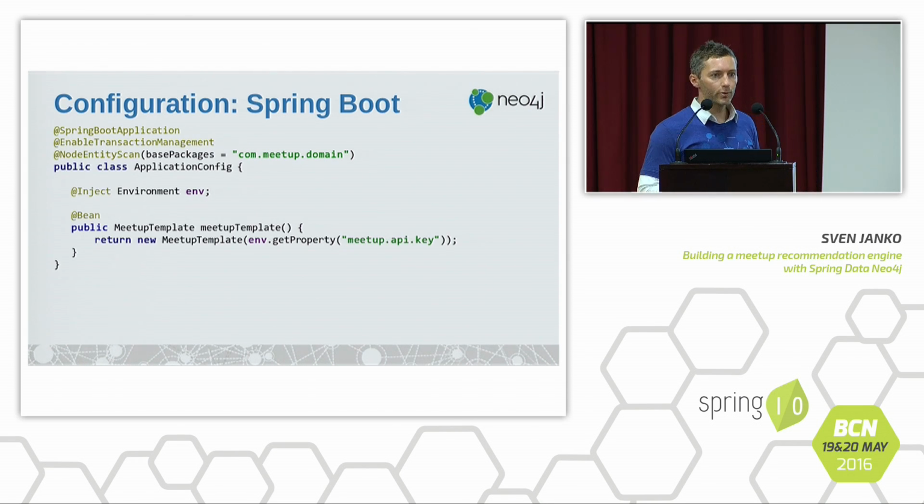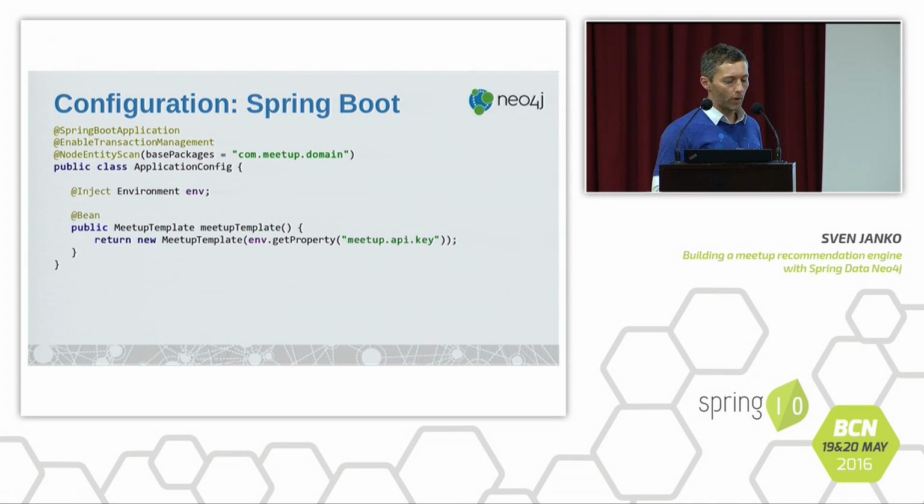So first, the configuration. On the very top, we have the annotation Spring Boot application. And we are also saying that we want to make use of transaction management. We also give the framework the domain package, which we have in our application. In that case, that's com.meetup.domain.